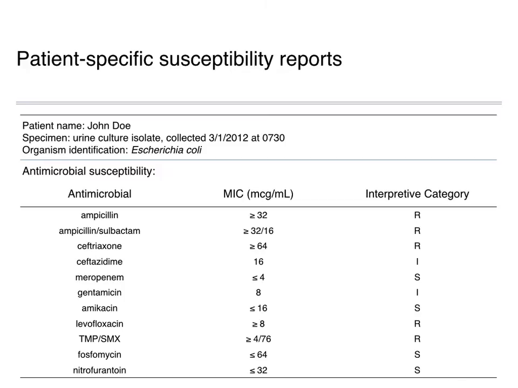In this example, if I were to ask you to choose a therapy for John Doe based strictly on this table of MICs, any ideas what you might want to choose? So meropenem would be one option.